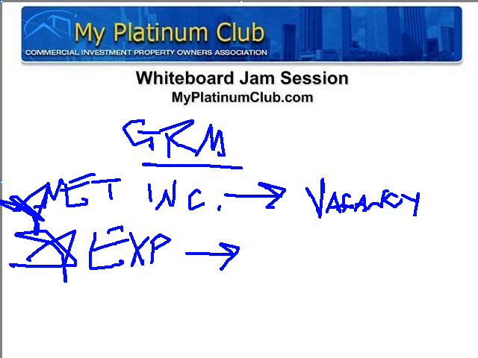So keep this in mind when you're looking at properties out there: GRM, in my opinion, is not an effective or important way to look at properties. At least you have a good idea of what it is, and you can just ignore it now. That's just my opinion.